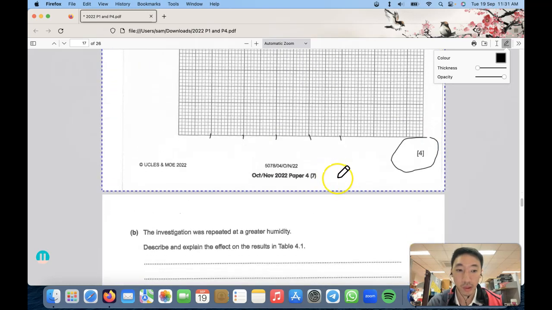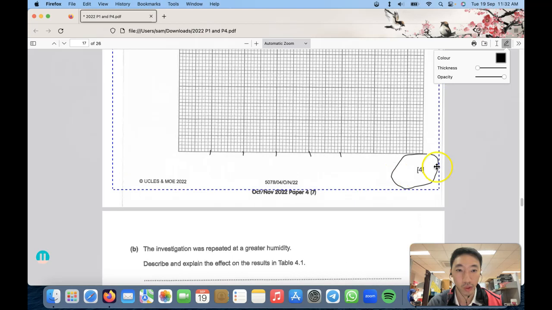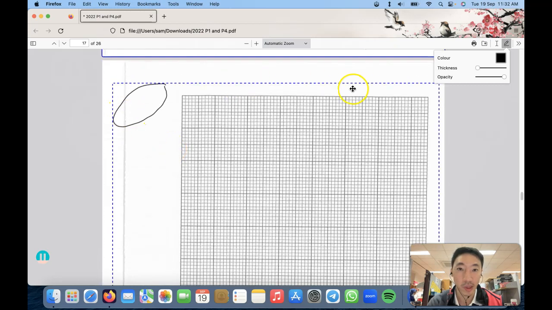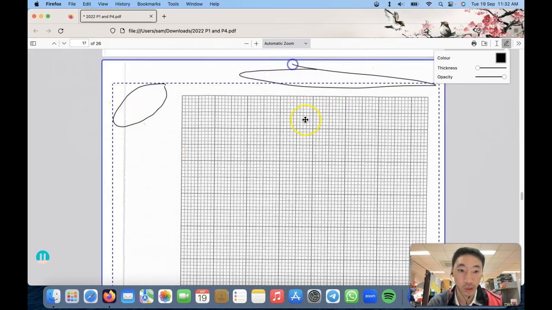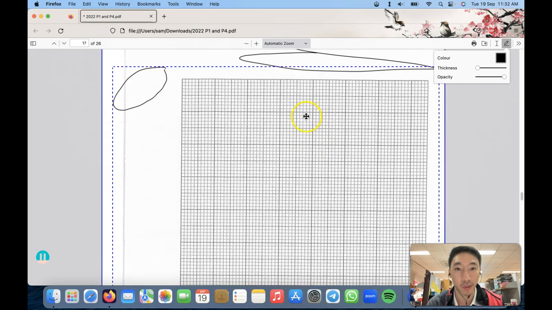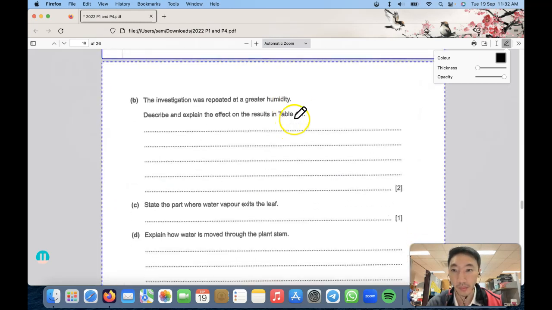And oh yeah, the axis must also have the axis titles, in a sense the x-axis title and the y-axis title. If you want to give me the overall title, also can, but honestly, I don't think that will be important. But if you got time, then just go and write it down.